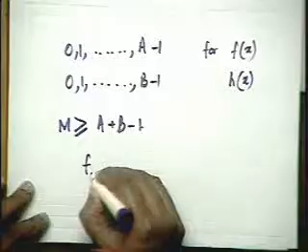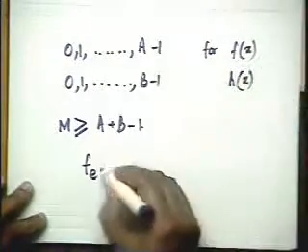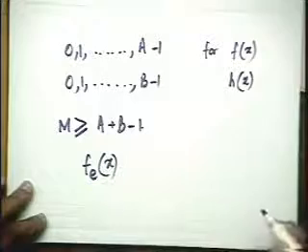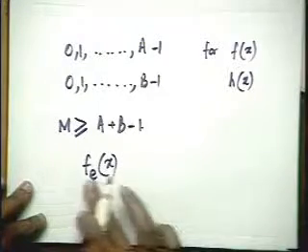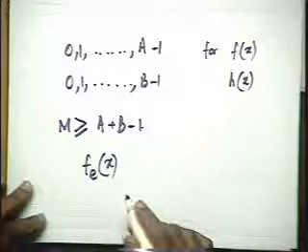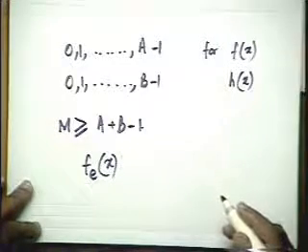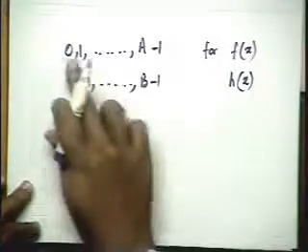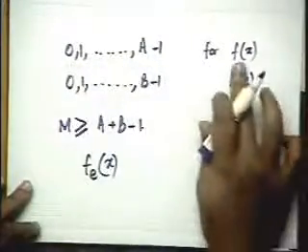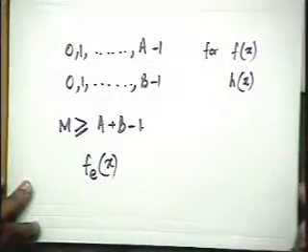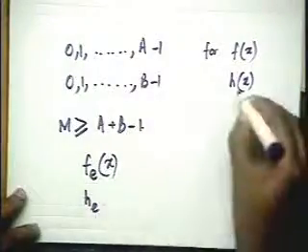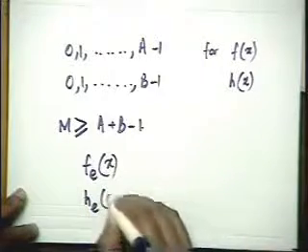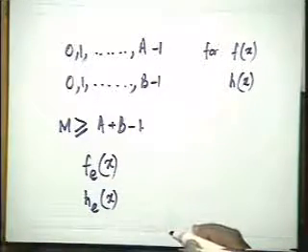Alright, so let us add zeros to make an extended function. Let us call the extended function of f of x as f suffix e of x, where the extended function f e of x has capital M number of samples, where capital A samples are the samples from f of x directly, and the remaining M minus A samples are zeros. Alright, and very similarly we consider the extended impulse response function as h e of x.